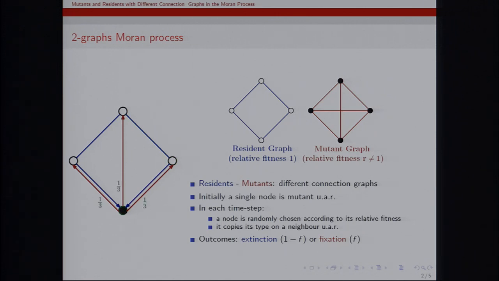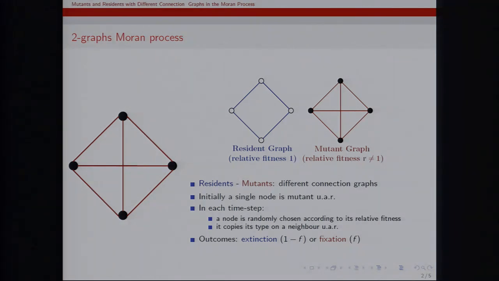But if a mutant reproduces on a resident, then the graph changes. And this process goes on until one of two outcomes is reached. Either fixation is reached, where everyone is a mutant, with probability f, which is called the fixation probability, or extinction with probability 1 minus f, where everyone is a resident.